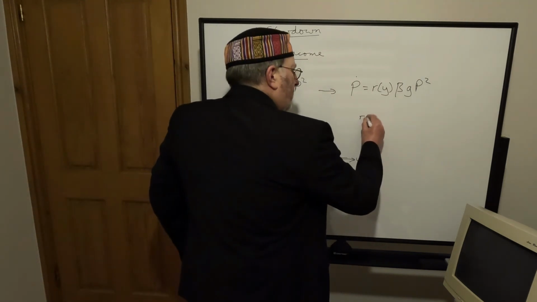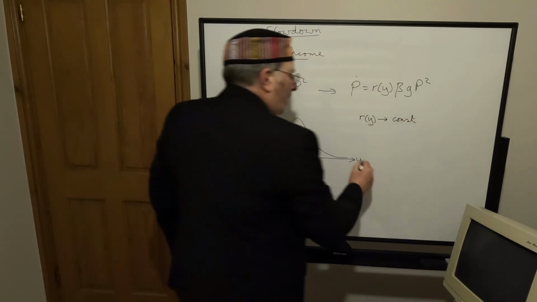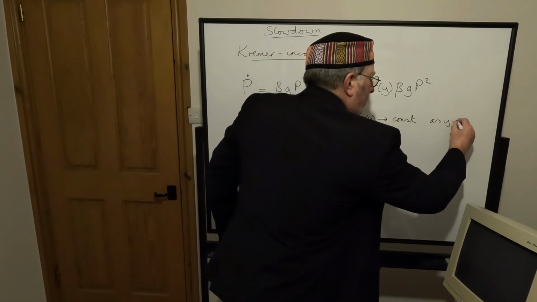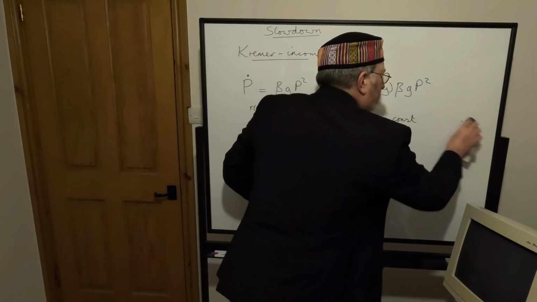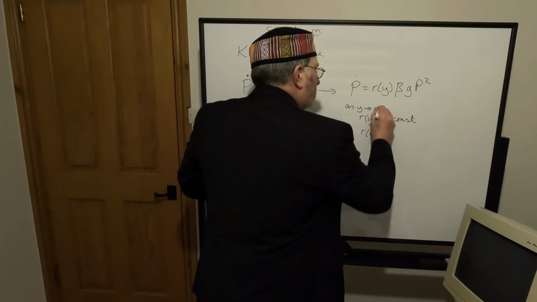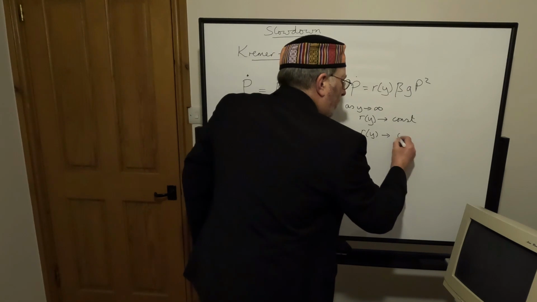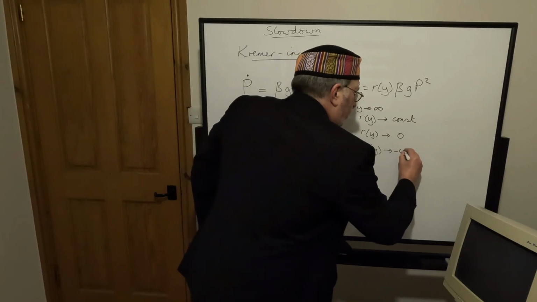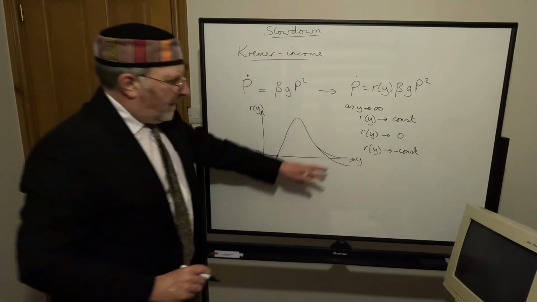So various possibilities are that r of y, as y tends to infinity, can tend to a constant, it can tend towards zero, or it could tend towards a negative constant. You know, it might actually come down here, something like that, become negative.